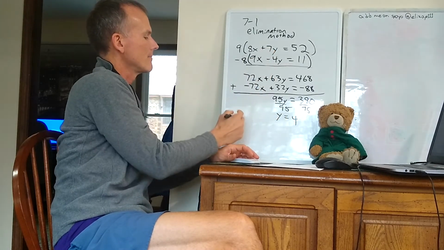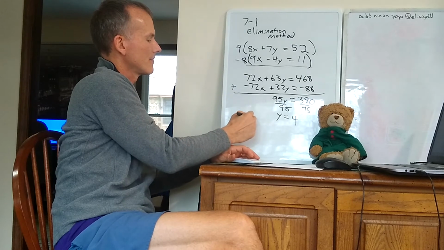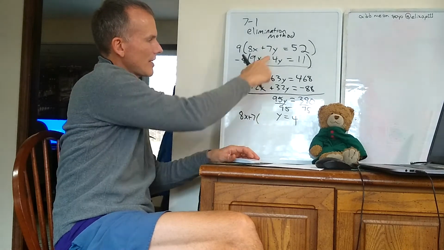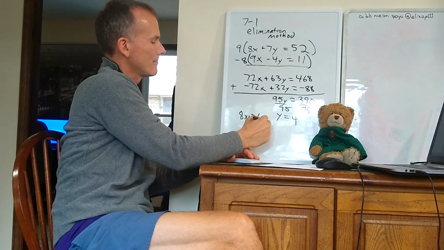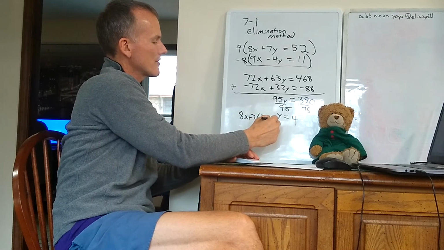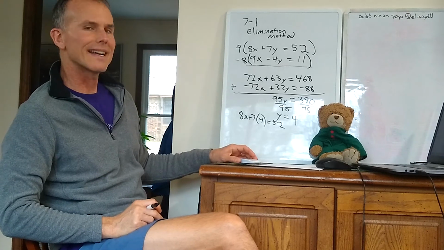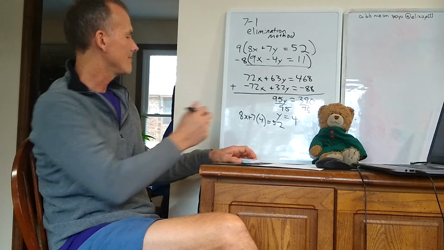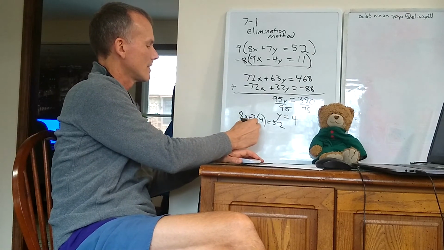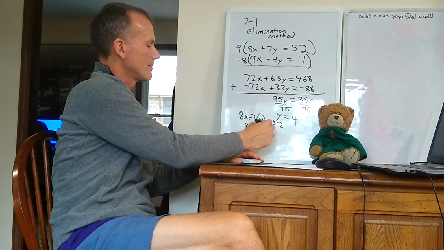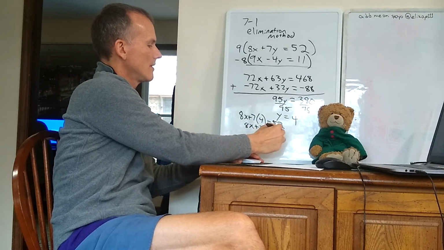So I'm going to get 8x plus 7, and then instead of writing times y, I'm going to write times 4 equals 52. And notice I have an equation there that has only an x in it. So I get 8x plus 28 equals 52.